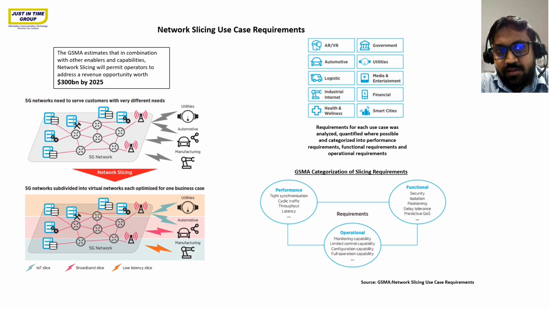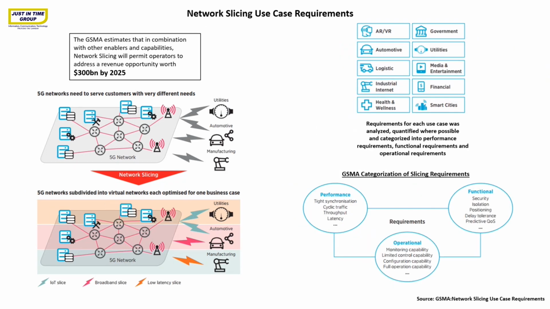And if you take 5G itself, the kind of investment that we have to do to build 5G radio networks, transport networks, and core networks has to be compensated or recovered some way.